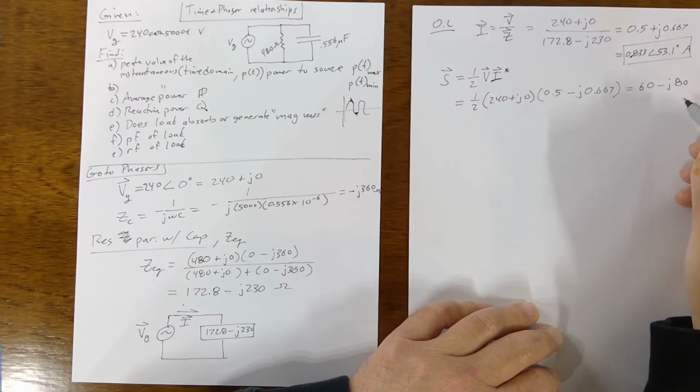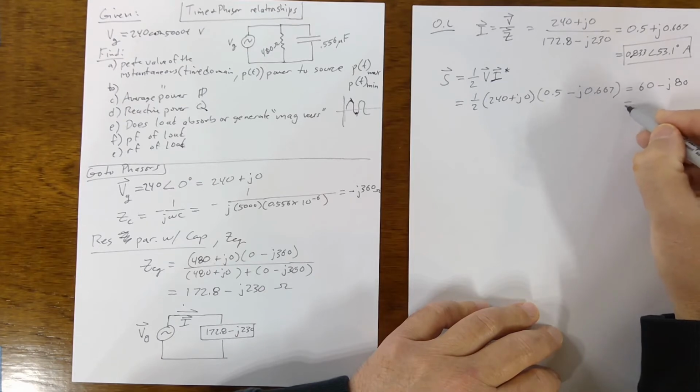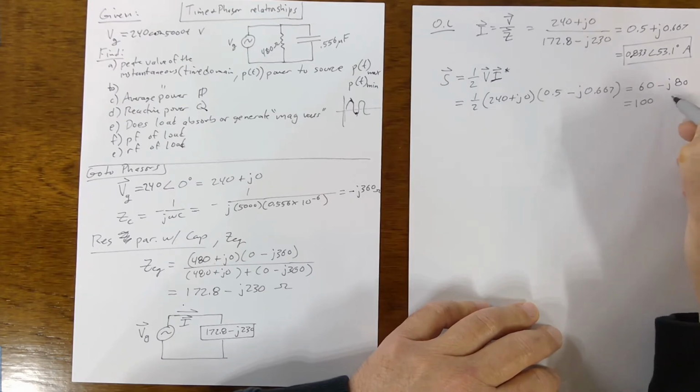Works out real nice numbers here, just super fortunate for working the problem any further than that. And if you turn this rectangular into polar, you get 100 angle minus 53.13 degrees.